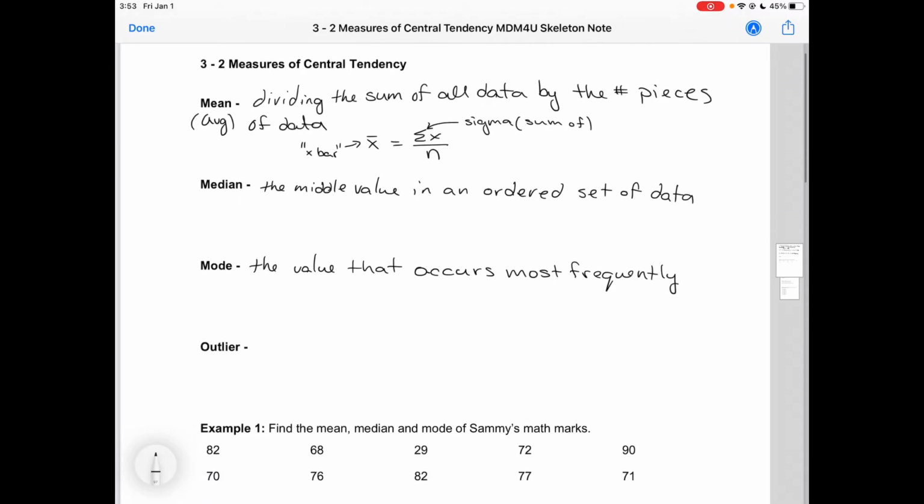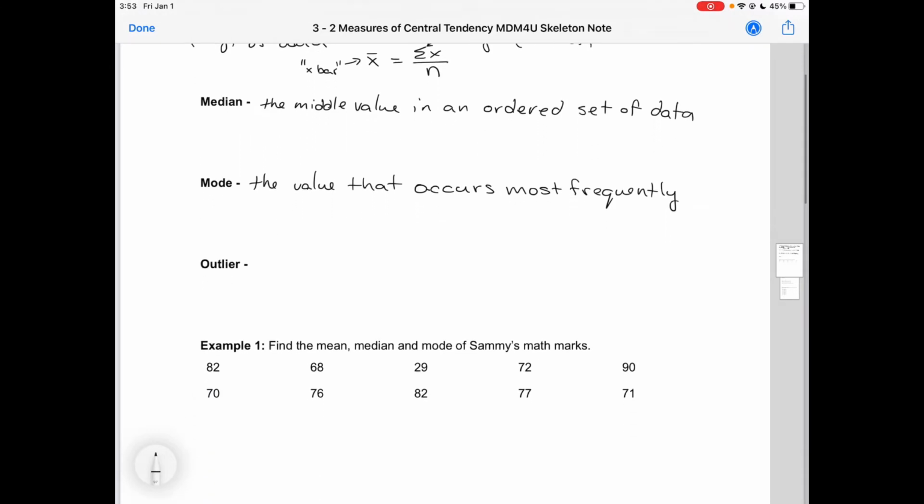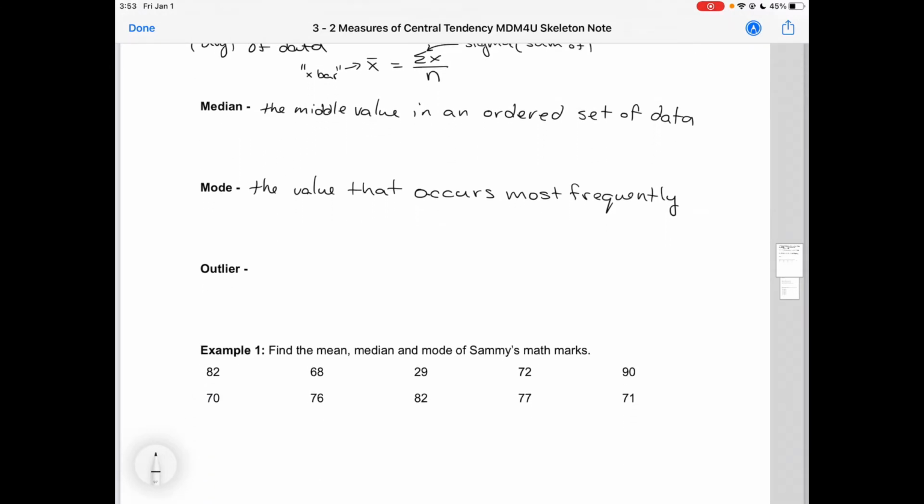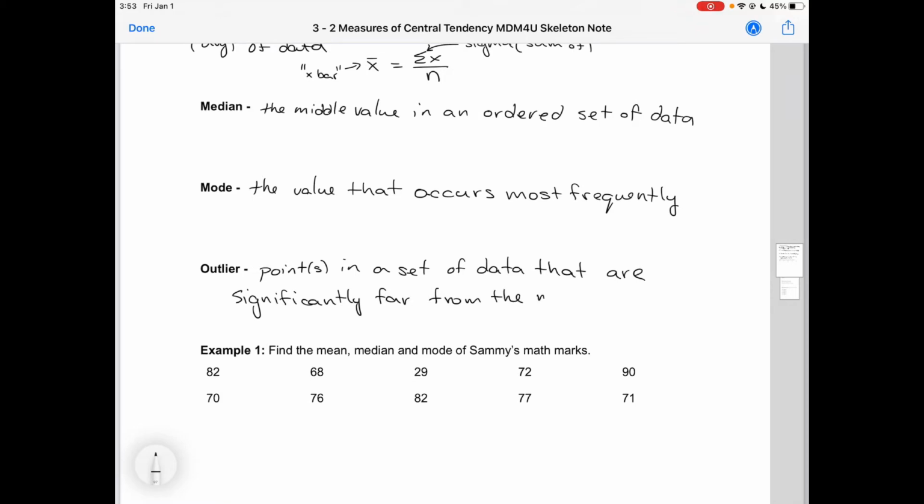The other piece that you need to know when analyzing a set of data is an outlier. An outlier is a point or points in a set of data that are significantly far from the majority of the points.